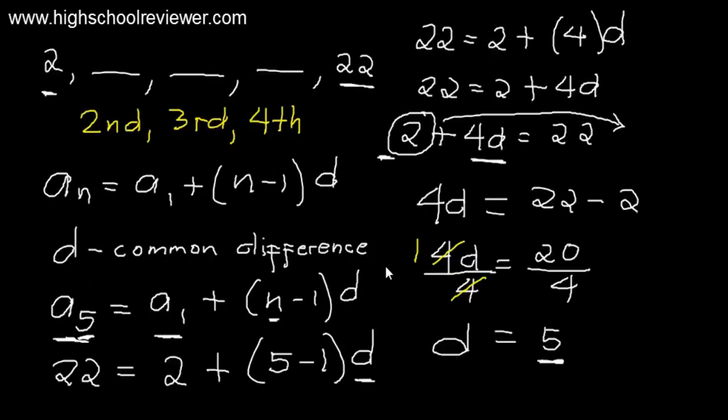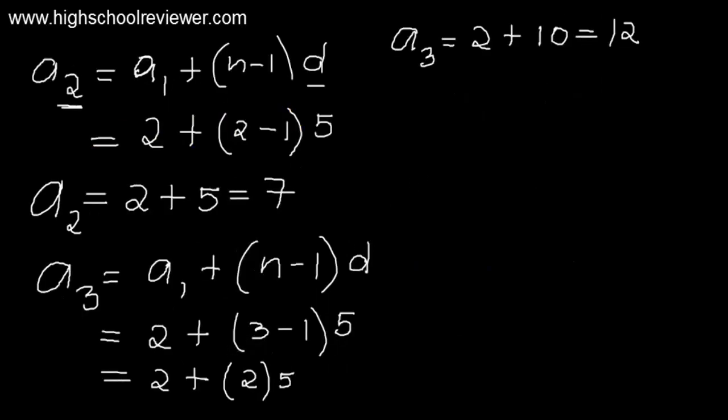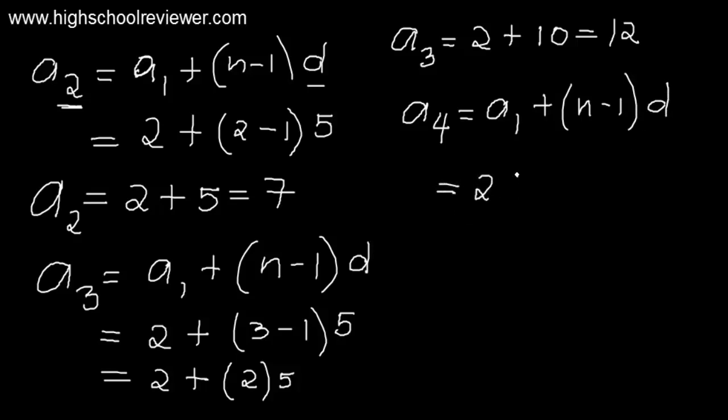And then let us find a sub 4. So the formula for a sub 4 is a sub 4 is equal to a sub 1 plus n minus 1 multiplied by d. So our a sub 1 again is positive 2 plus our n here will be the fourth term, so that will be 4 minus 1 multiplied by d.